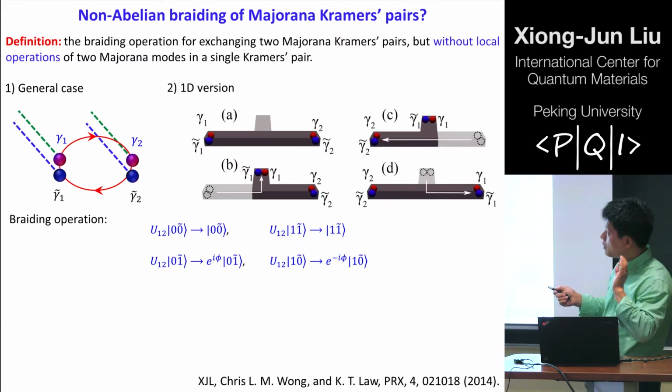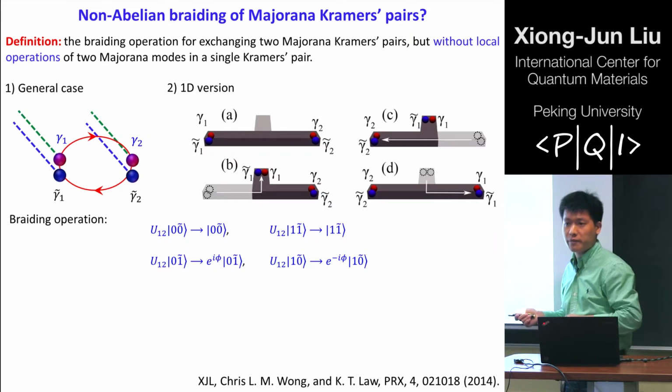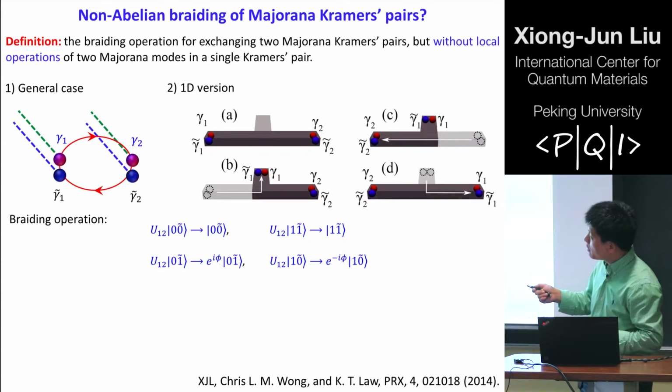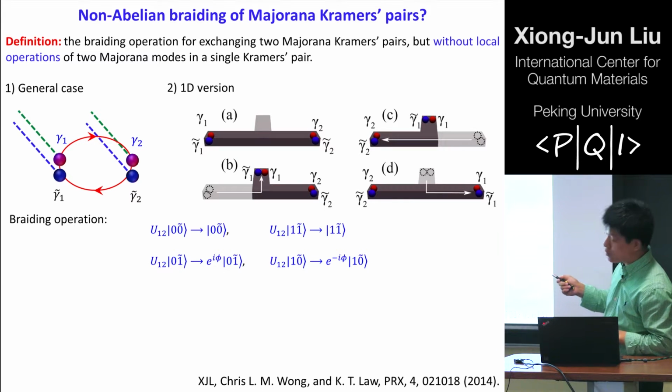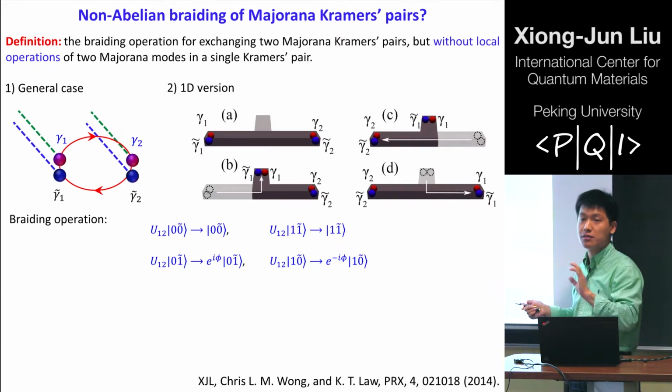So then you have the four states |00>, |11>, and |01>, |10>. During this braiding, we can obtain that |00> goes to |00>, and |11> goes to |11>. Since they are time-reversal invariant states, after braiding you don't have a phase.